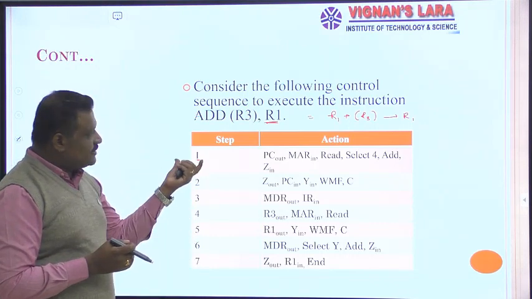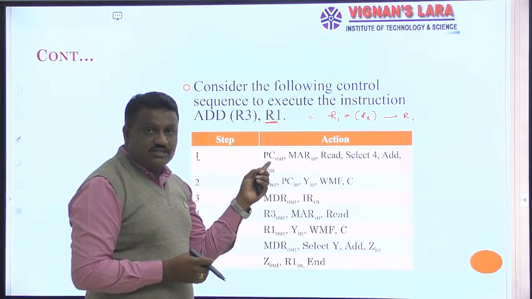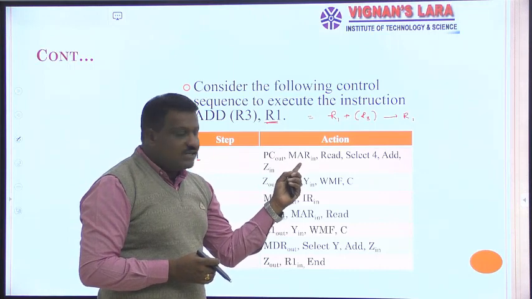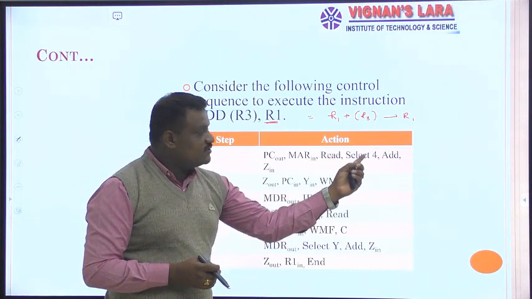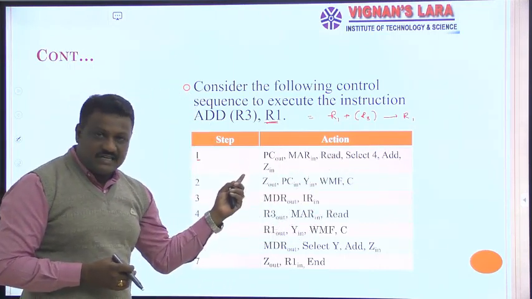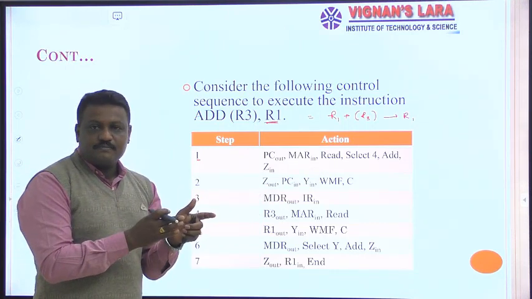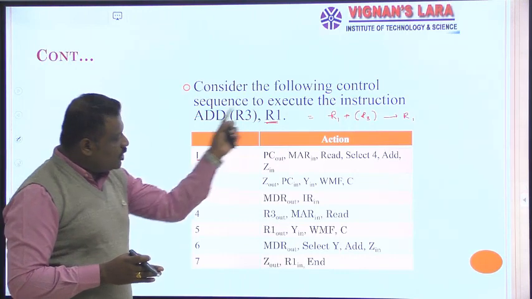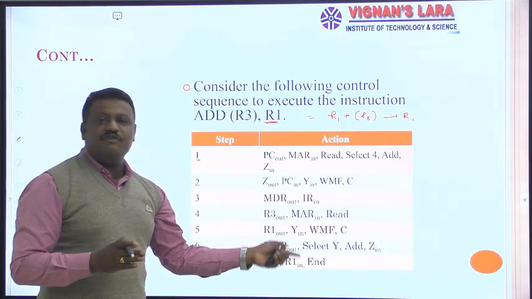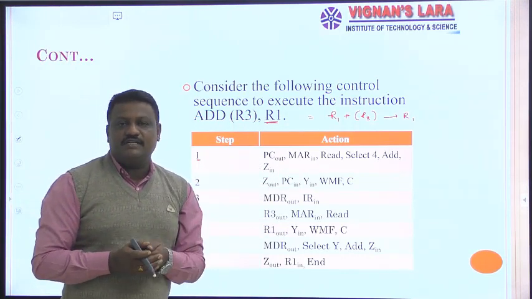If I take step 1, I need a PC out signal, a MAR in signal, a Read signal, a Select 4 signal, an Add signal, and then a Z in signal. These are all needed for me. Along with this, I have a variety of other signals.